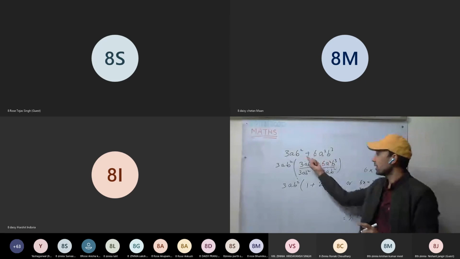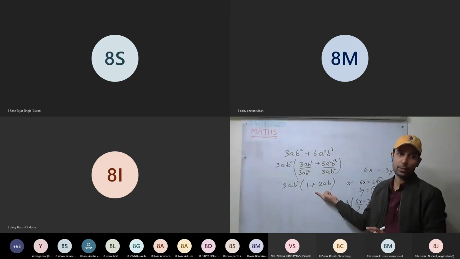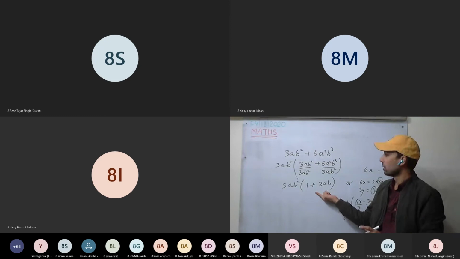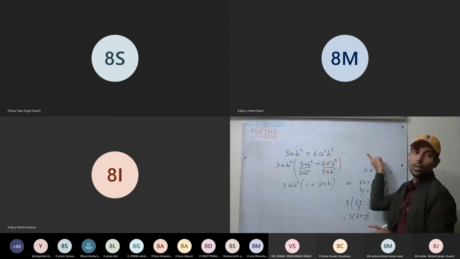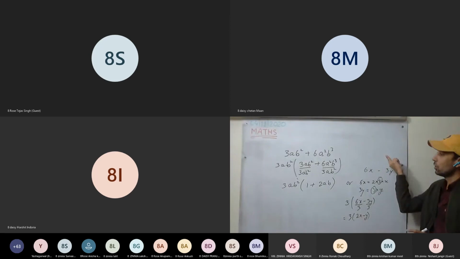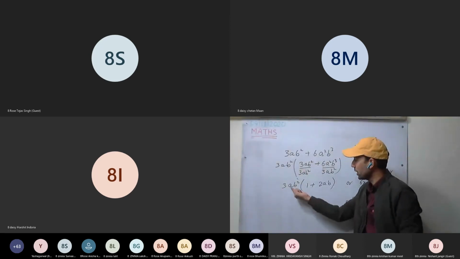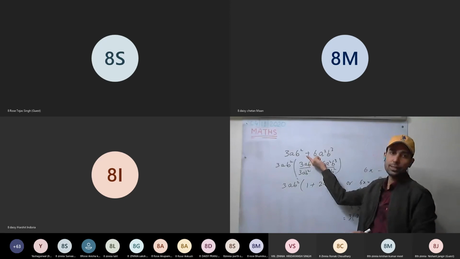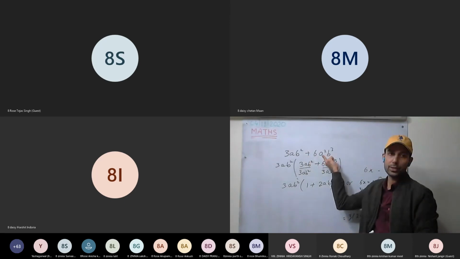Now this algebraic expression can be expressed as a product of two algebraic expressions. Those algebraic expressions are called factors of this one. So 3ab square is a factor of this expression, and 1 plus 2ab is a factor of this expression.